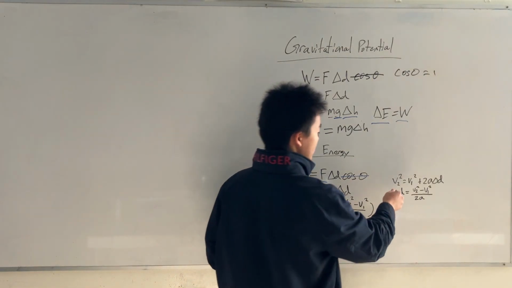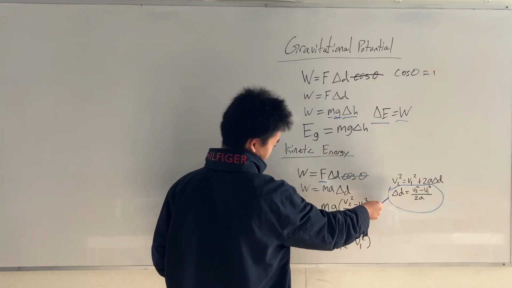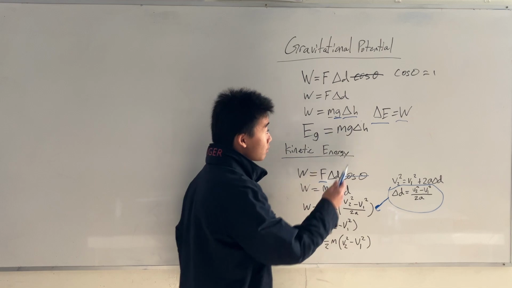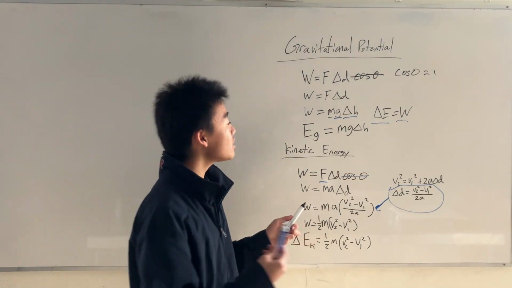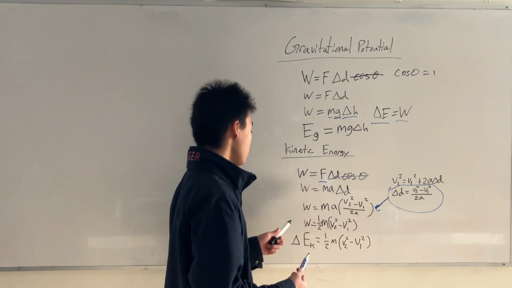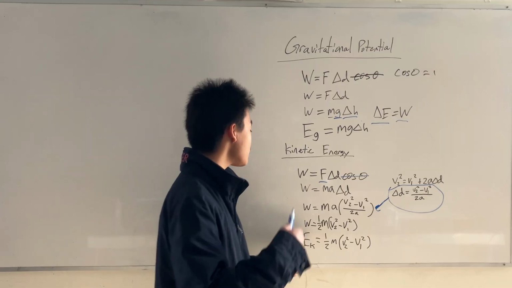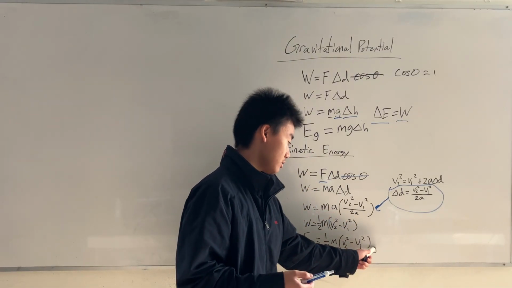Then we can sub this rearranged equation back into our equation here. And we know, similar to the gravitational potential energy, that our delta E, or change in energy, is equal to work. So what we get here is that our change in kinetic energy is equal to half times the mass times our change in speed squared.